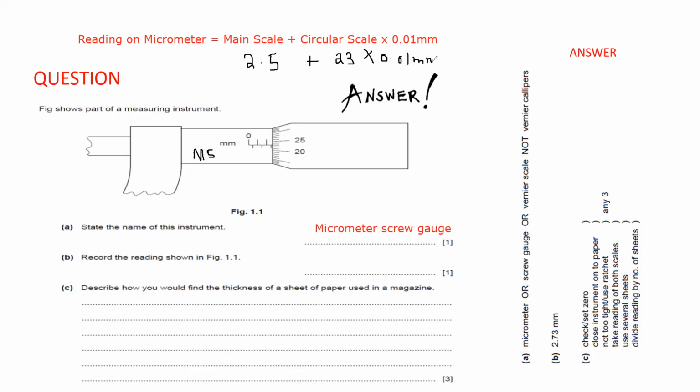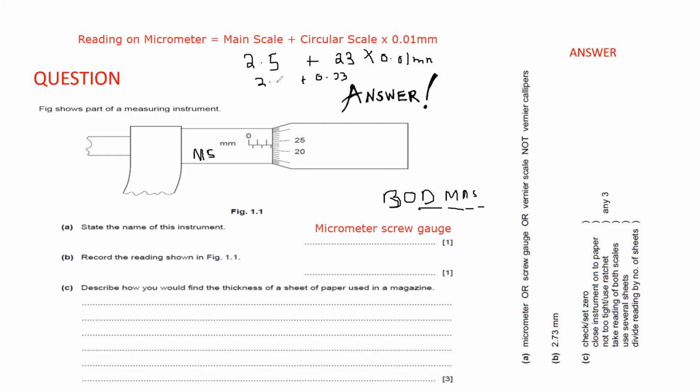In maths you have studied BODMAS: brackets, division, multiplication, addition, subtraction. So first we should do division, but there is no division. Then we should do multiplication. So 23 multiplied by 0.01 will come out as 0.23.